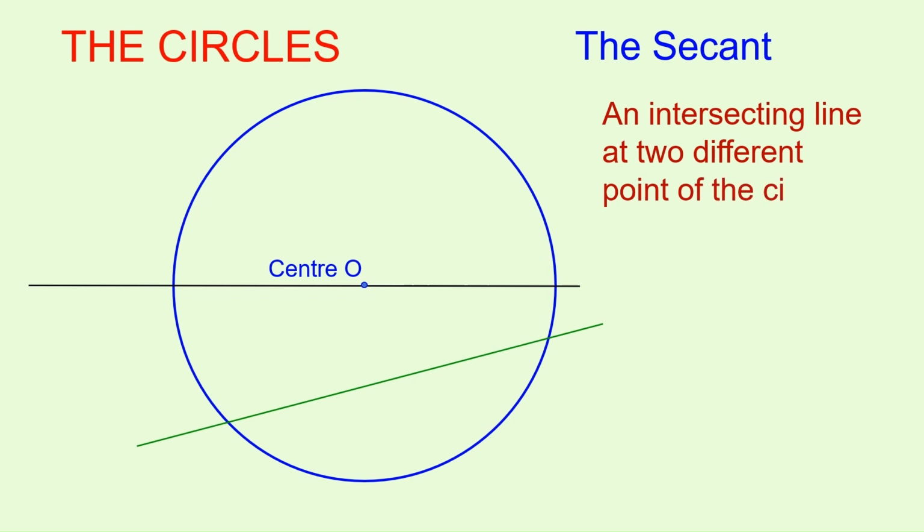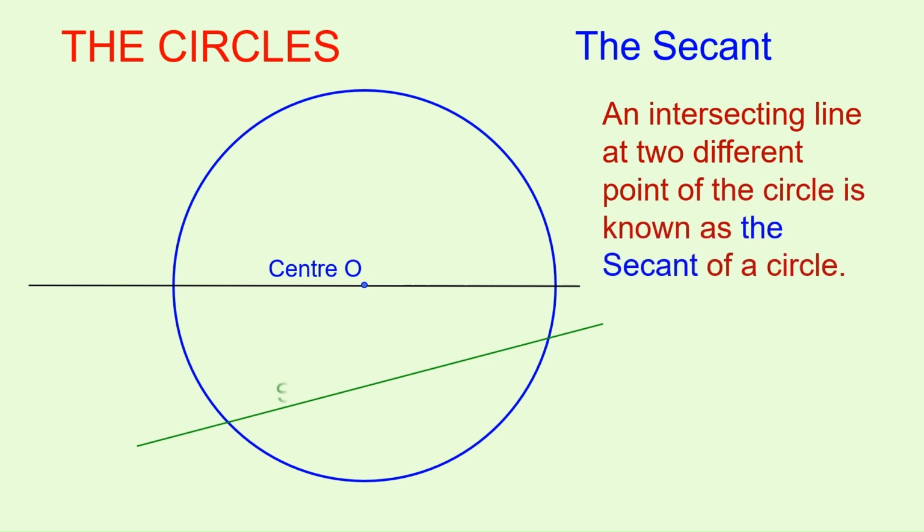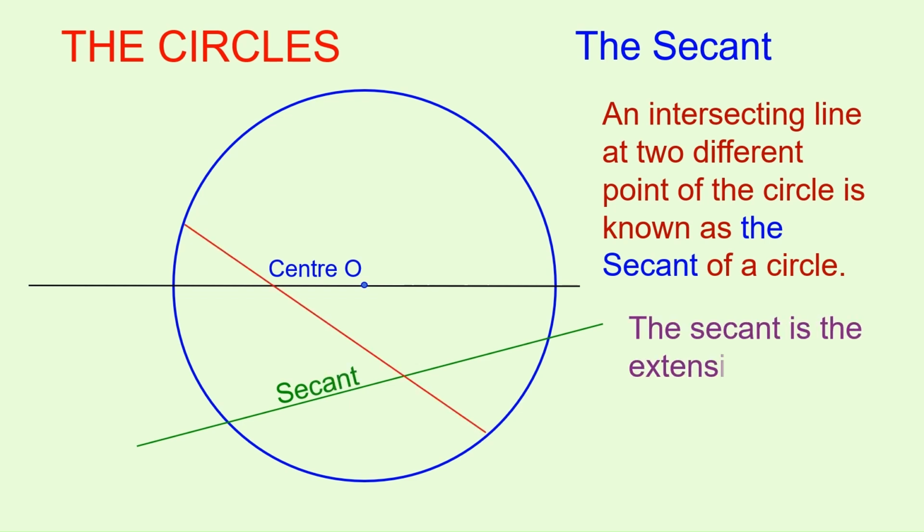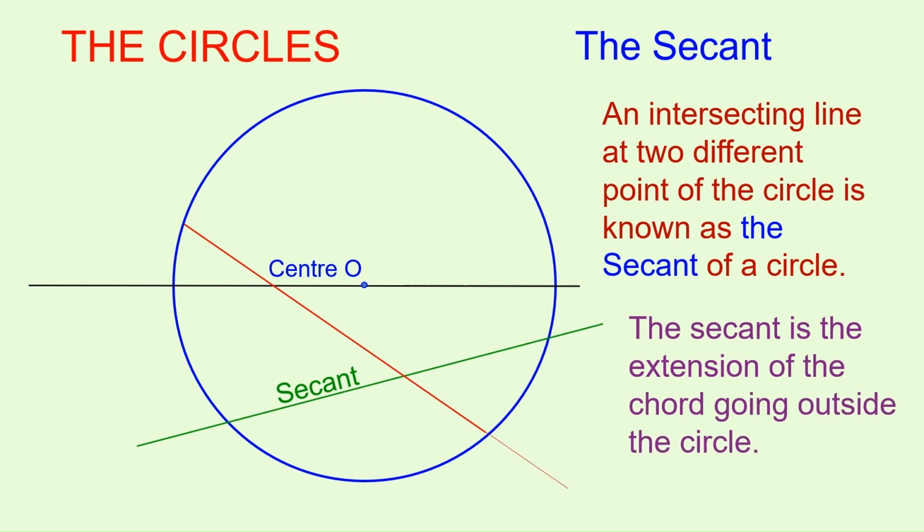The secant, a line intersecting at 2 different points of the circle, is known as the secant of a circle. Have you noticed that? The secant is the extension of the chord going outside the circle.